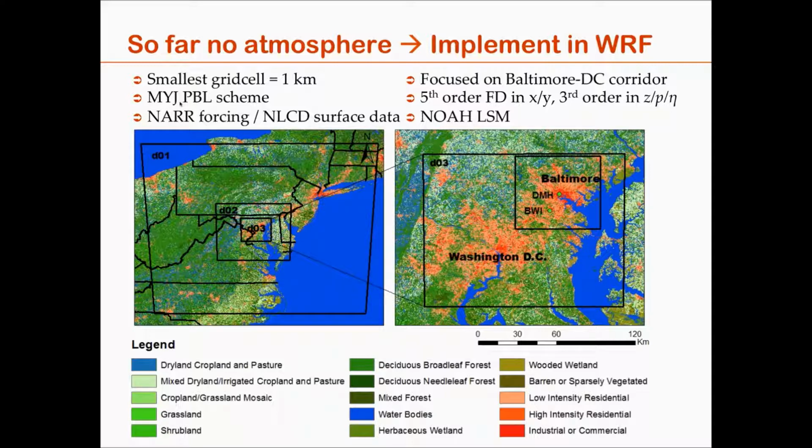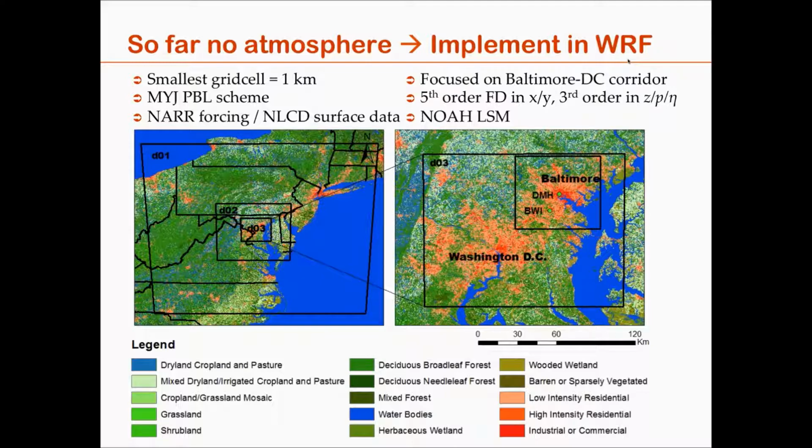Just to give you a little bit of a framework, currently PUCM is mainly the surface model, so I didn't tell you much about the atmospheric component. With the atmosphere, we couple PUCM to the Weather Research and Forecasting model, the standard model used, for example, by the National Weather Service to forecast our weather.